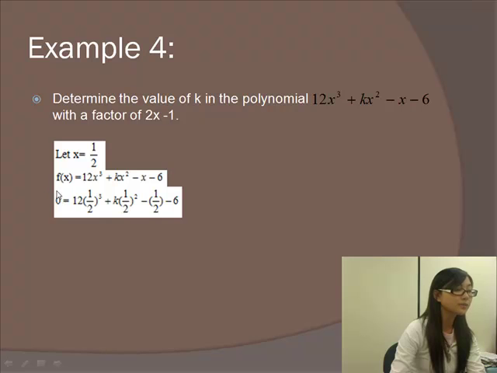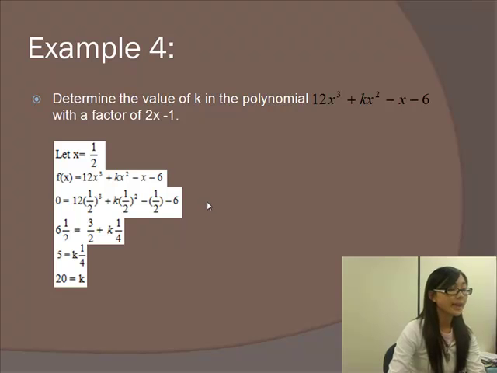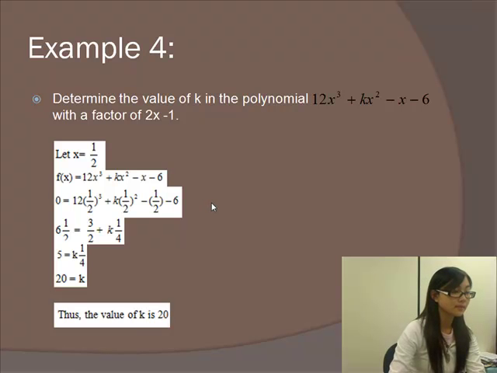We have to make f of x equal to 0 because we want the remainder to equal 0. And then we solve for k. We end up with k equal to 20. Therefore, when k is equal to 20, 2x minus 1 will be a factor of the original equation.